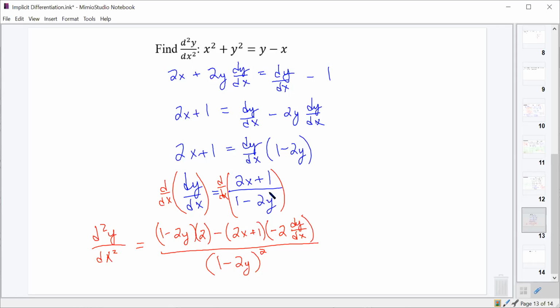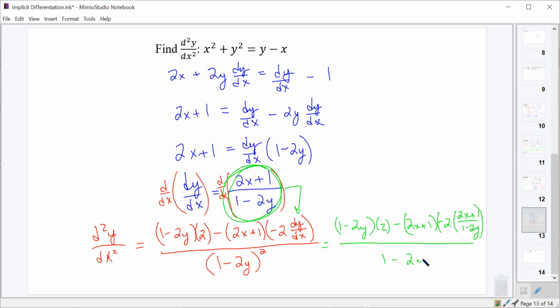And this answer would be wonderful if only I didn't have this dy/dx term. Well, luckily, I know what dy/dx is, don't I? I'll just plug it in there and replace it and get (1 minus 2y) times 2 minus (2x plus 1) times negative 2 times (2x plus 1) over (1 minus 2y), all over (1 minus 2y) squared.